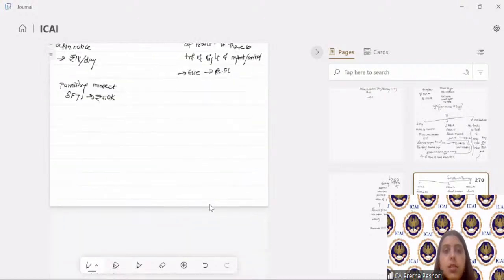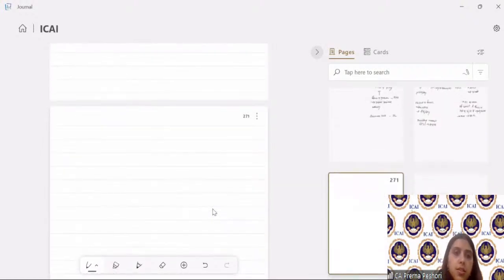Further, there is one more penalty which is a little bit important, which is under 271G, which is not on the assessee but on the professionals who are submitting incorrect reports or certificates.